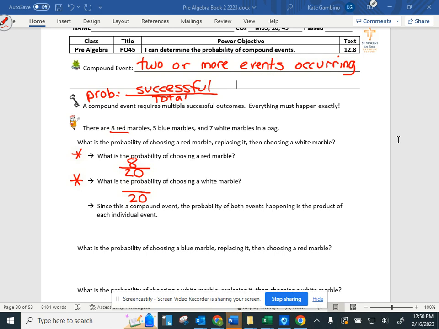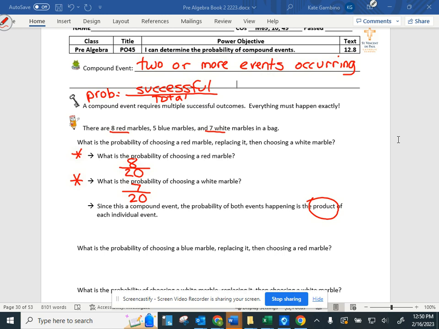What do I put on the top? 7, because there are 7 white marbles in the bag. So I have 8 out of 20 for the red, 7 out of 20 for the white. Now, since this is a compound event, the probability of both events happening is the product of each individual event. So Hugo was right.